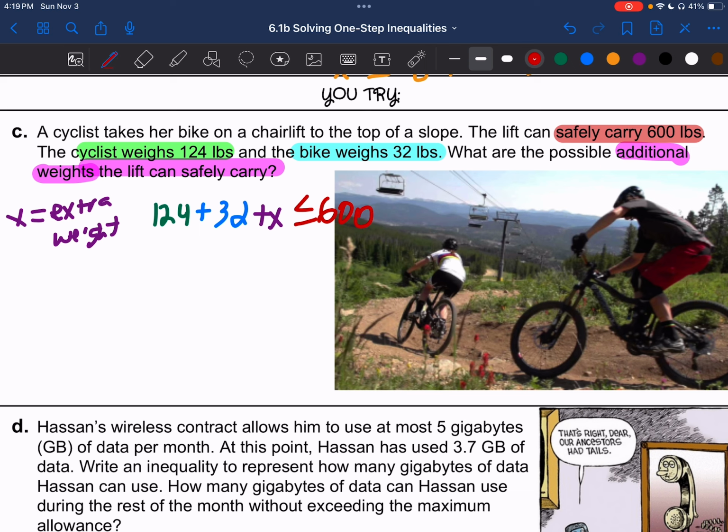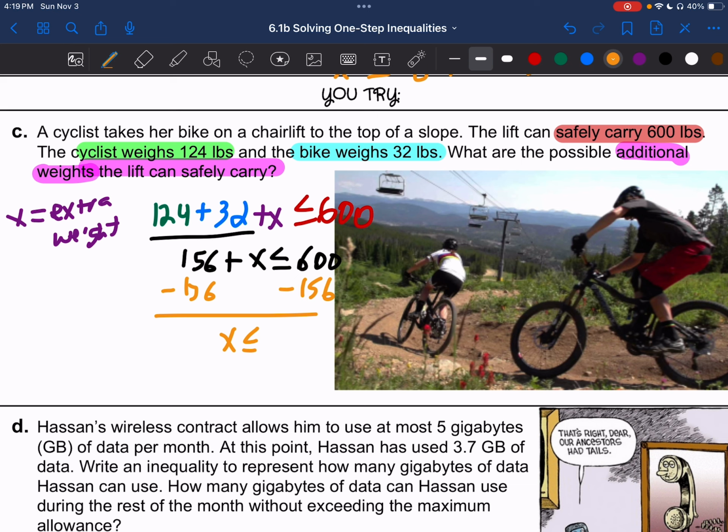So our first step is to combine like terms. 124 and 32 add up to be 156. So 156 plus x has to be less than or equal to 600. So we subtract 156, and we get x has to be less than or equal to 444 pounds.